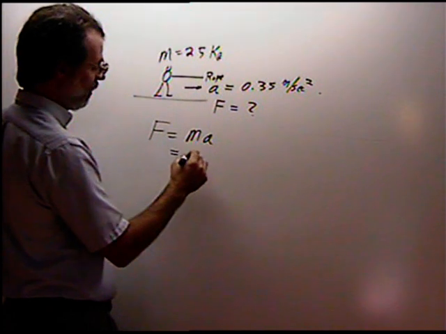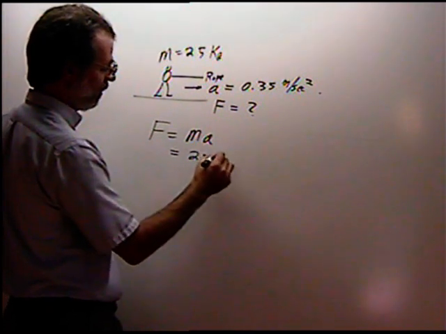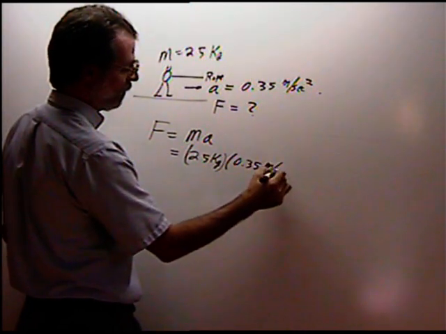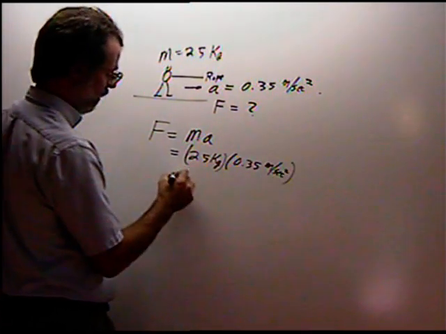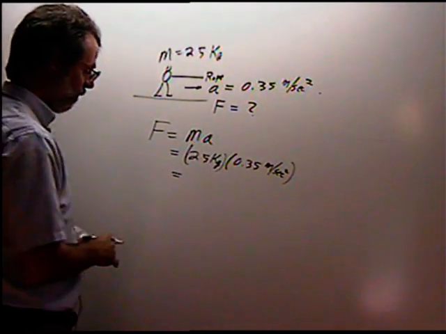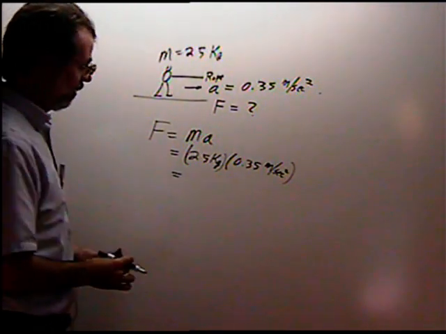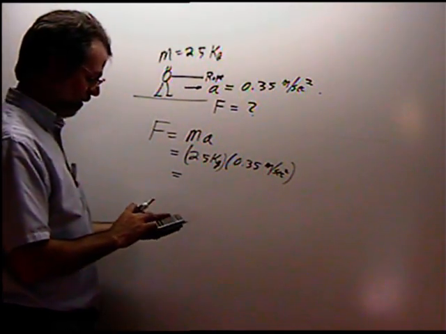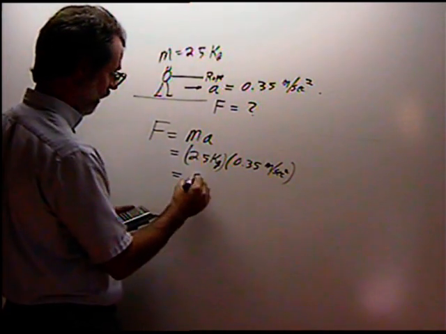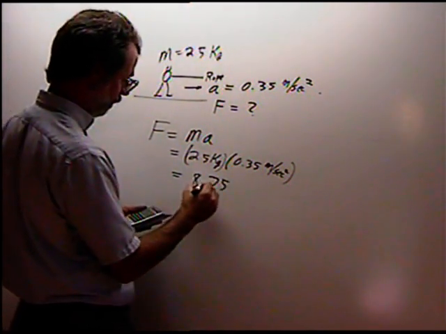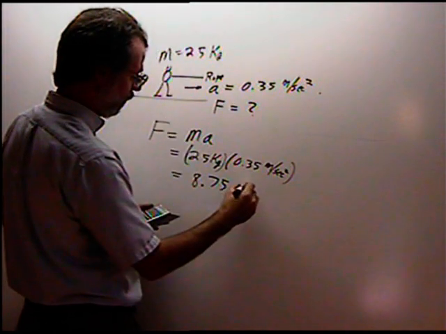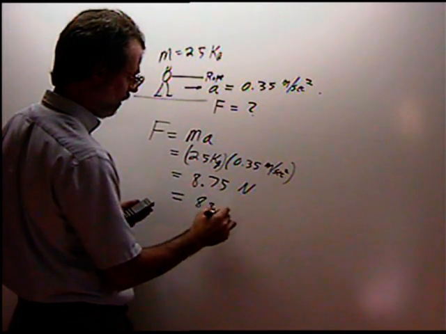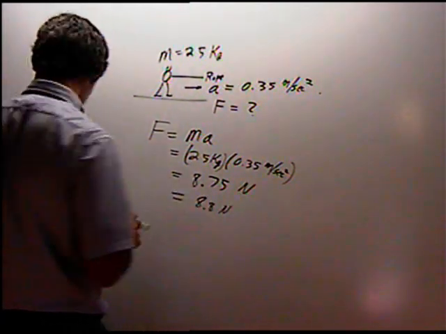So if the mass is 25 kilograms and the acceleration is 0.35 meters per second squared, that must mean that the force that he was pulling with is 25 times 0.35, or 8.75 newtons, which we would round to two significant figures, 8.8 newtons. Okay?